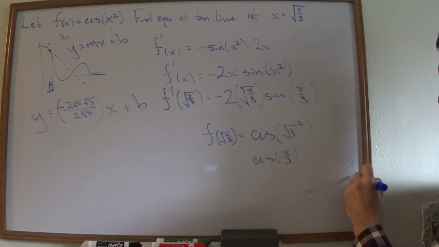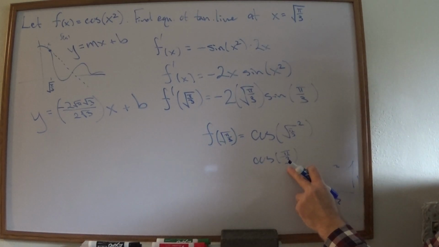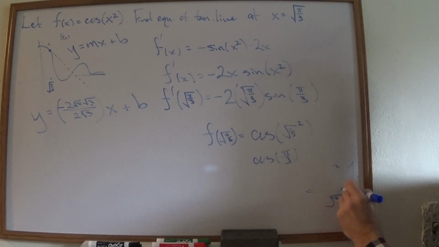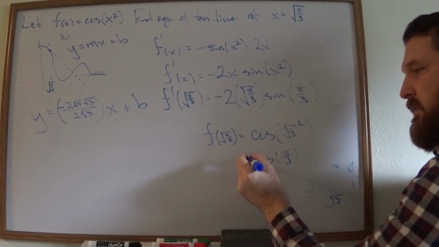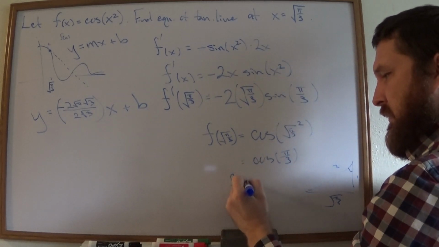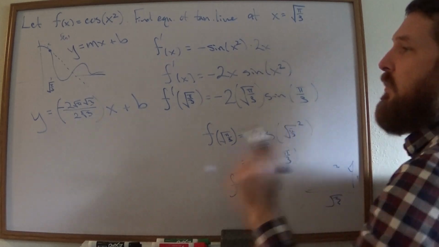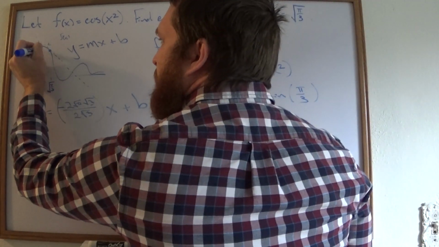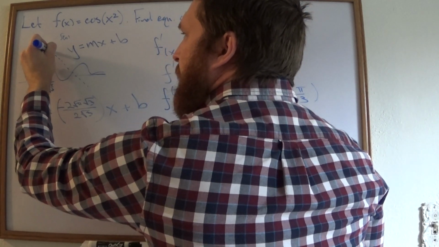Or negative? Not negative, we're in the first quadrant, and so adjacent over hypotenuse would be 1 over 2. So this is just 1 over 2. When we plug this in, out pops a 1/2 right there.